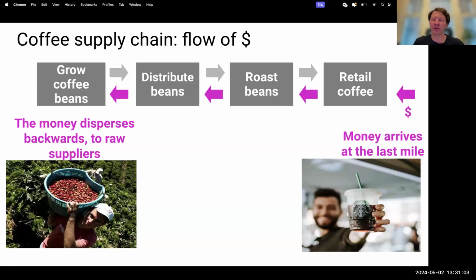The money from the retail is used to pay the roasters, maybe paid in advance, whatever, cash flow management. But ultimately, this is the flow of the money. The roasters get their portion, then they pay their suppliers, the distributors, and the distributors pay their suppliers, the actual growers, the farmers in Costa Rica. So the money comes into the Starbucks, and eventually some of it makes its way to the Costa Rica farmers through several middlemen, right?